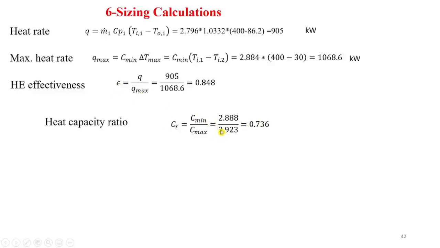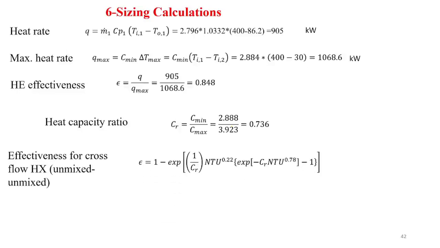But for our case, since we have a cross-flow heat exchanger with both fluids unmixed, there is no direct relation that gives NTU as a function of CR and the effectiveness. We have to use the expression for the effectiveness as a function of CR and NTU and solve it to get NTU based on the given value of the effectiveness and CR.